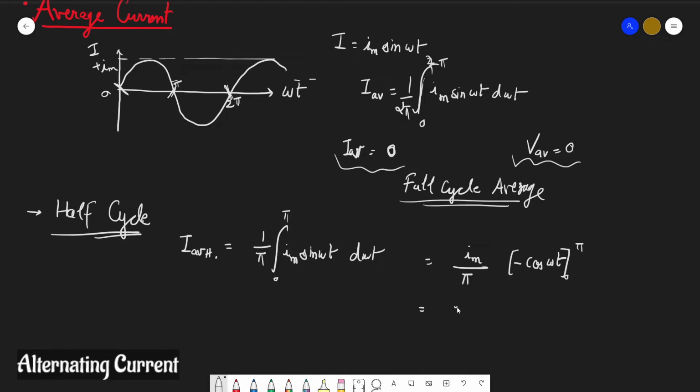Okay, so this will be Im by pi, minus of cos of pi. Again this is minus, so it will become plus cos of 0.